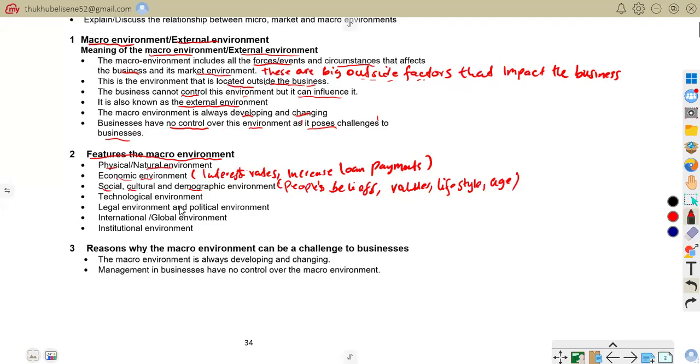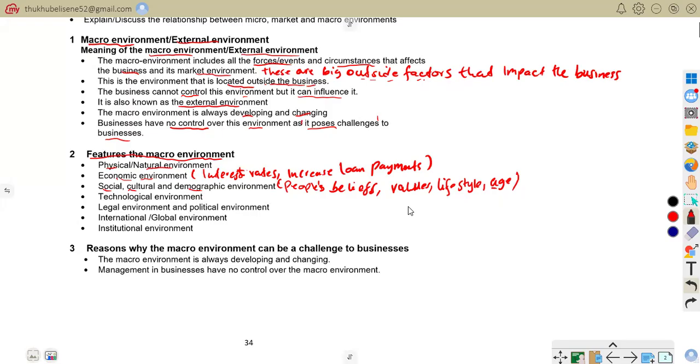For example, an aging population increases demand for healthcare. People are now old, and that is when they get sick.